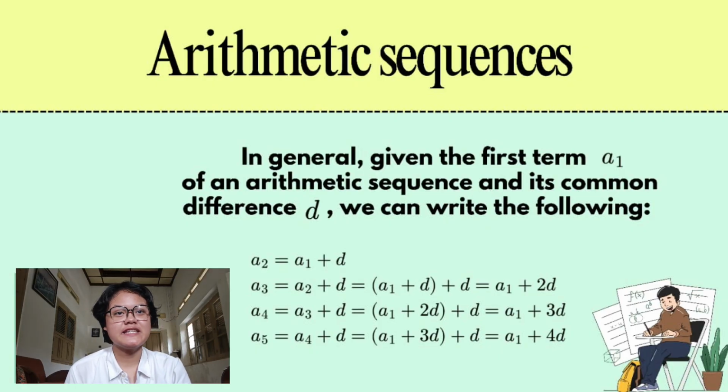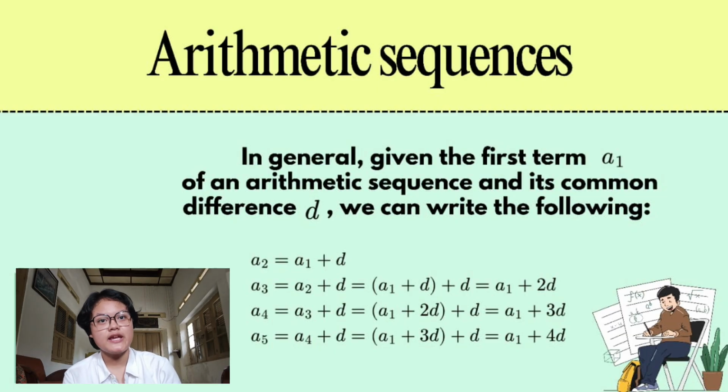Alright, in general, given the first term a sub 1 of an arithmetic sequence and its common difference with symbol d, we can write the following. A sub 2 equals a sub 1 plus d. And we can find a sub 3 equals a sub 2 plus d. Because before this we got a sub 2 equals a sub 1 plus d, we can substitute a sub 2 to find a sub 3.